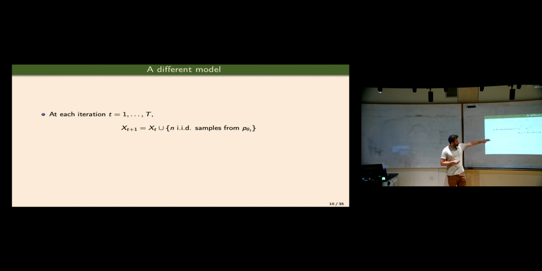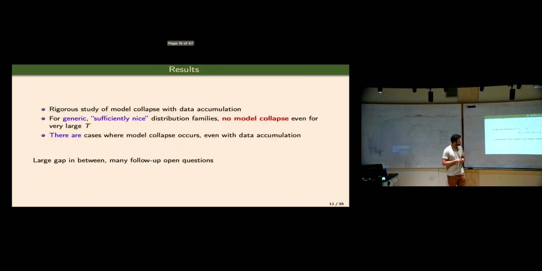Okay, so we are going to look at the accumulating setting because it's arguably more realistic. It's a bit harder to analyze theoretically, but if the motivation is data sets that naturally grow, and the internet that slowly accumulates synthetic data, then you do want to talk about data accumulation rather than replacement.